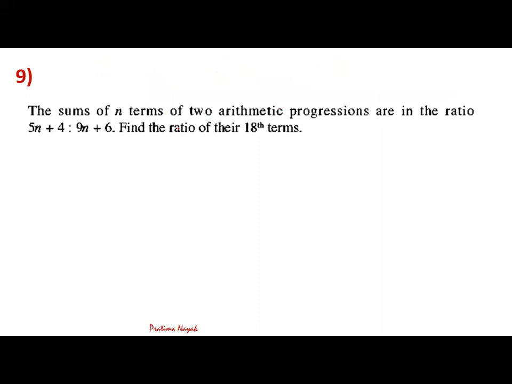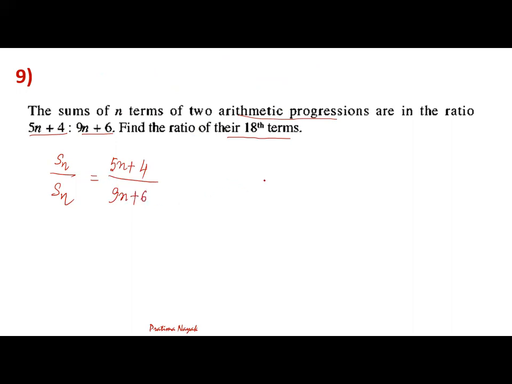Next, the sums of n terms of two arithmetic progressions are in the ratio 5n plus 4 to 9n plus 6. Find the ratio of their 18th terms. So the Sn ratio for both is 5n plus 4 by 9n plus 6.